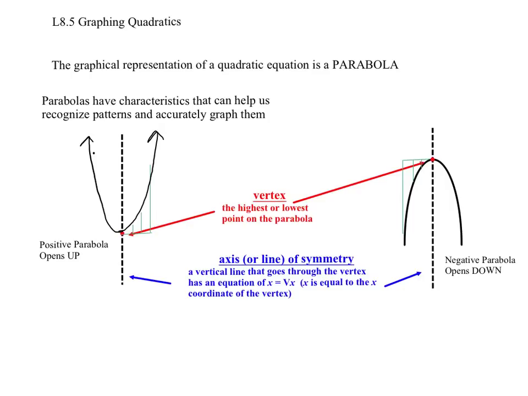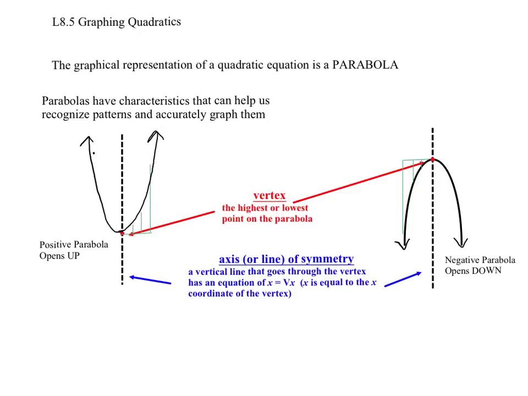Let's just go over really quickly some of the characteristics of the parabola, and these characteristics will help us with our graphing. First, a parabola is curved and extends infinitely in one direction. We have the vertex, which is the highest or lowest point on the parabola. We can kind of think of that as our starting point or our stopping point.